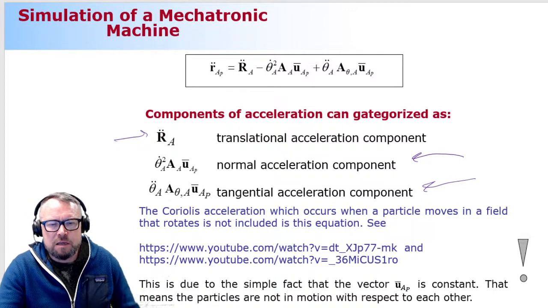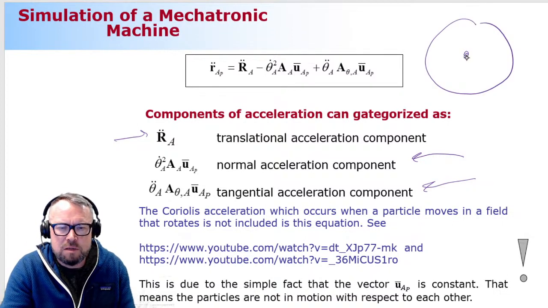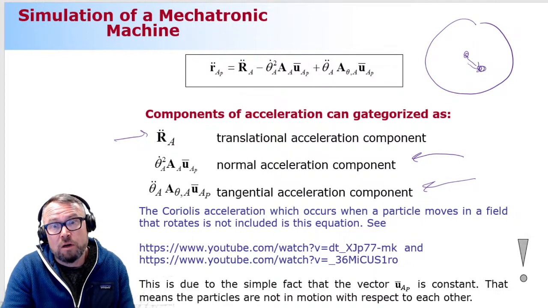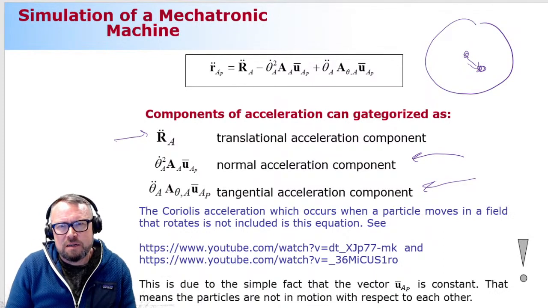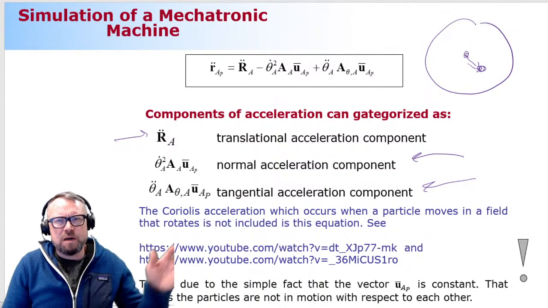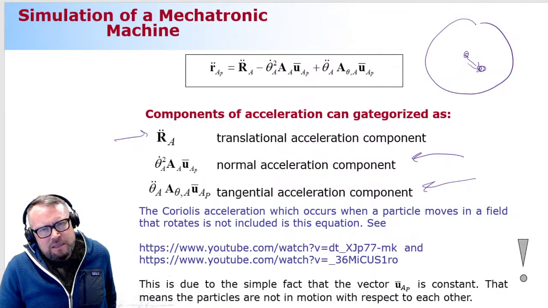And that's because, by definition, Coriolis acceleration takes place when there is a particle moving in a rotating disk. So where is a rotating disk? Earth. When Earth is moving around, that's a rotating disk. But when I'm moving here to my office door, I cannot sense that Coriolis acceleration.